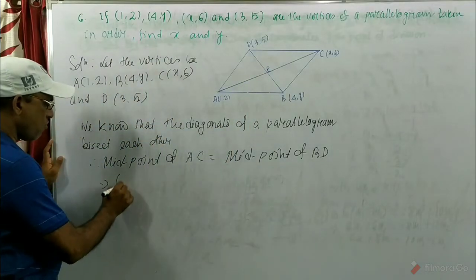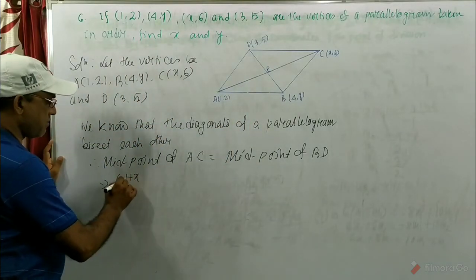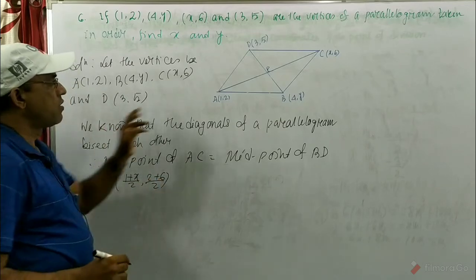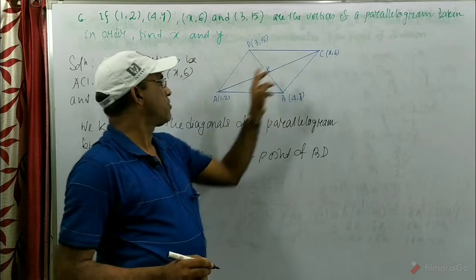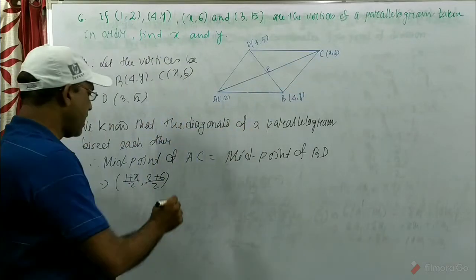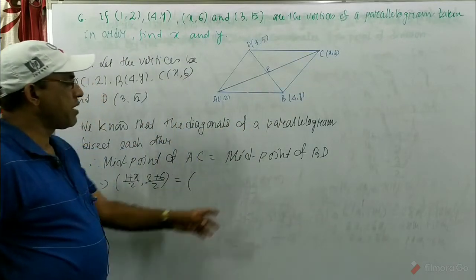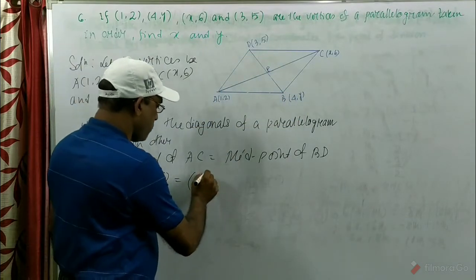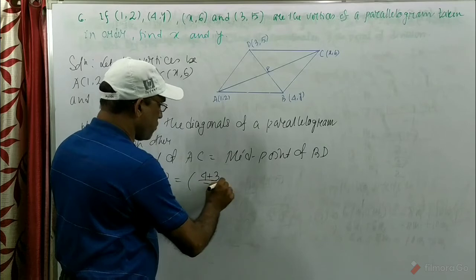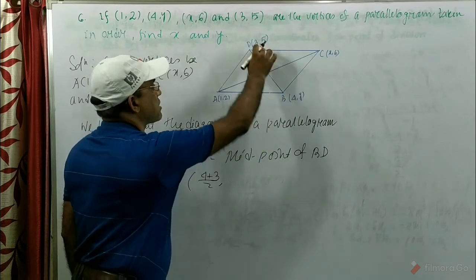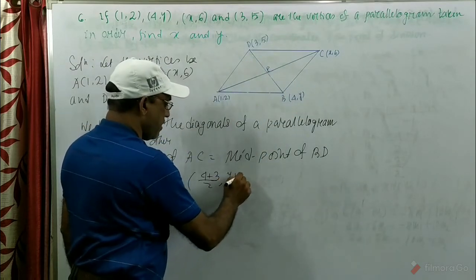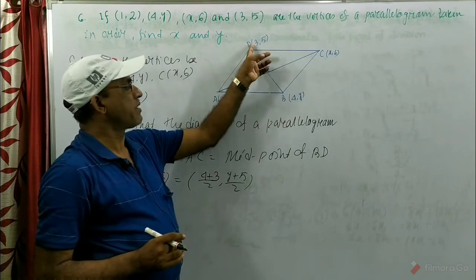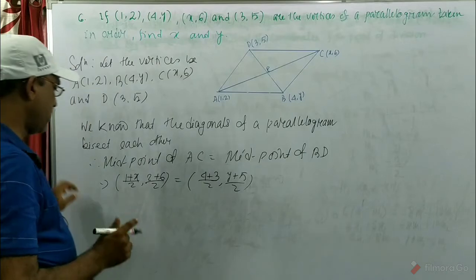That means (1 plus x) by 2, (2 plus 6) by 2. And here we get the midpoint of BD, (4 plus 3) by 2 and (y plus 5) by 2. This is the rule of midpoint.